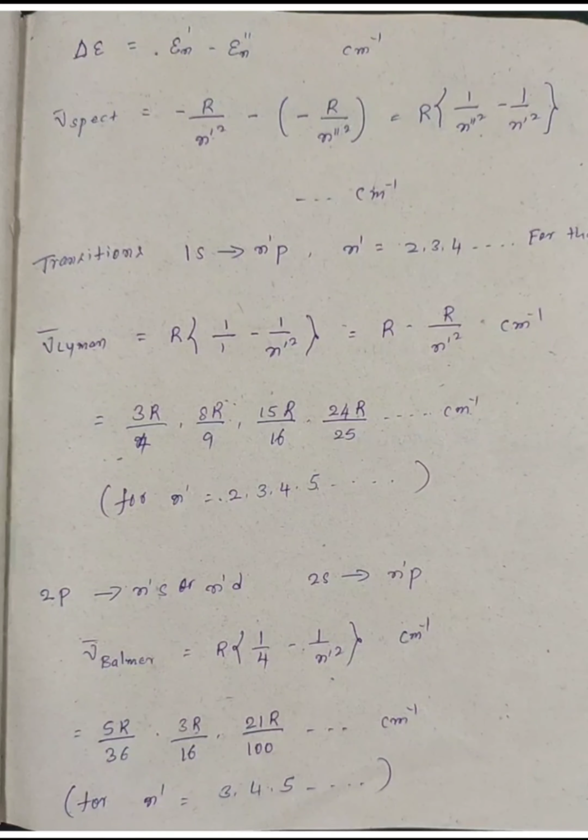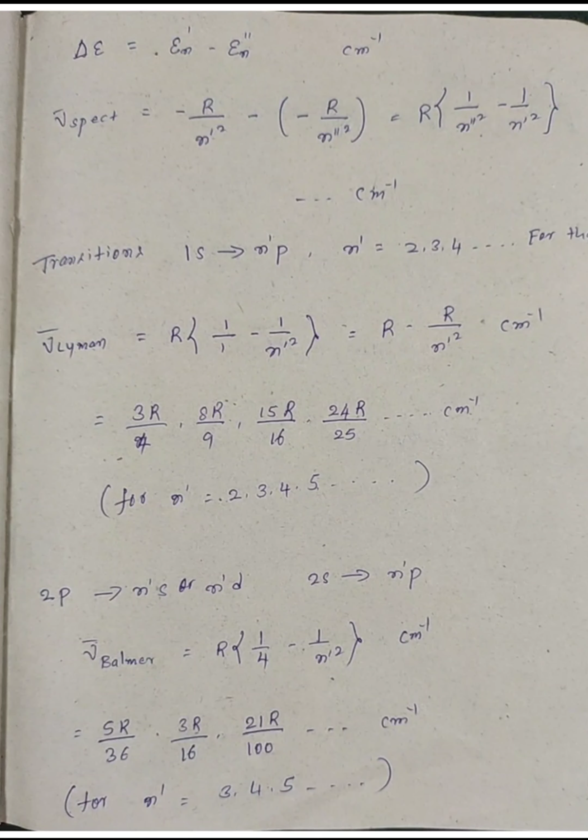It is a series, so it's called the Balmer series. You can see the series: 5R divided by 36, 3R divided by 16, 21R divided by 100, and so on. So it is in wave number. For the Balmer series, the higher energy levels n dash are equal to 3, 4, 5, and so on.